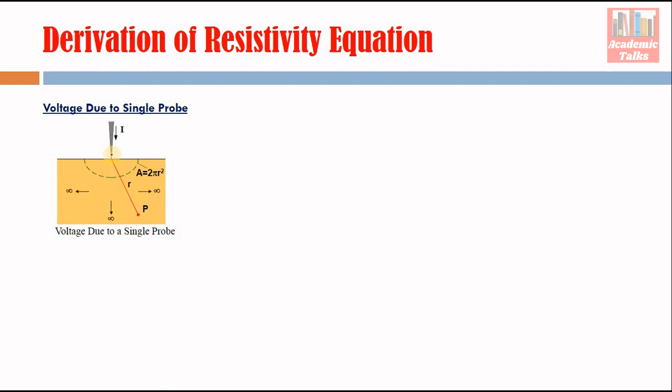From this probe, if we go towards the left side, it's indicated as infinite. We also assume that towards the right side this distance is almost infinite, and vertically if we go down, it's almost infinite. On this slide we have shown some finite dimensions, but practically we consider these distances very large, and the sample almost semi-infinite.